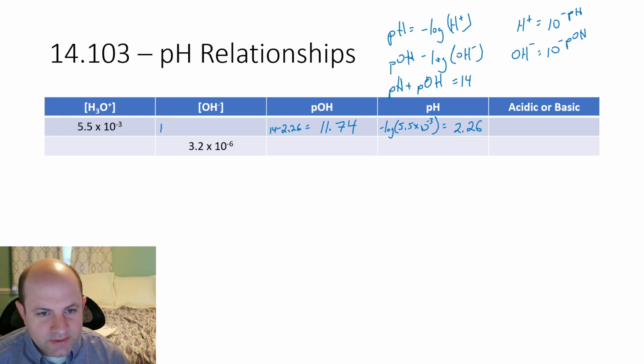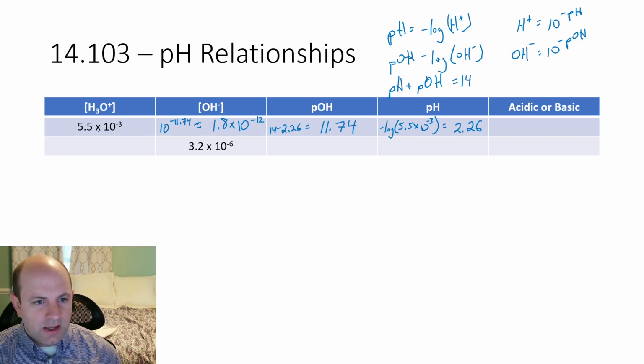So that's what this is, 10 to the negative 11.74. And that is equal to 1.8 times 10 to the negative 12th, and that does seem reasonable because that would get me 10 to the negative 14th. So those are your 3 answers for this one.